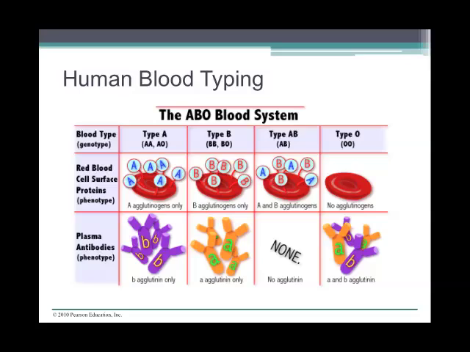And that person has anti-B antibodies. Do not worry about the other terms there. Type B blood has B antigens, and it has the anti-A antibodies.